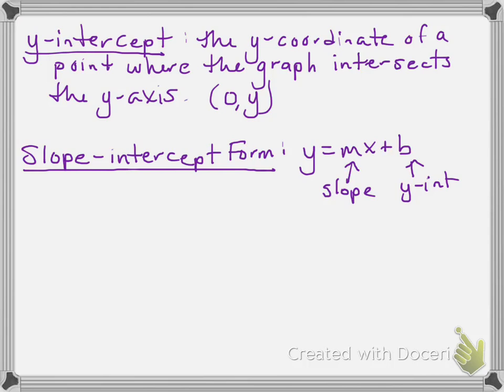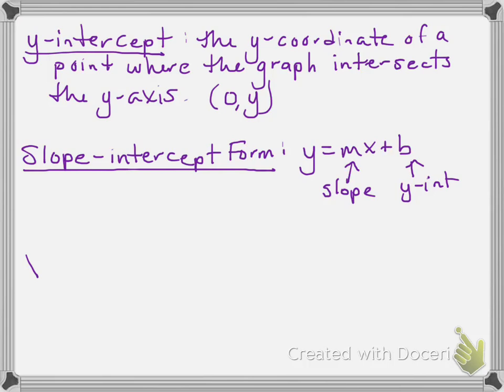Alright, so I know you guys, or at least most of you, should know how to graph a slope-intercept form equation, where you find the y-intercept, you draw it, and then you graph using the slope. But I'm going to add another step in there.